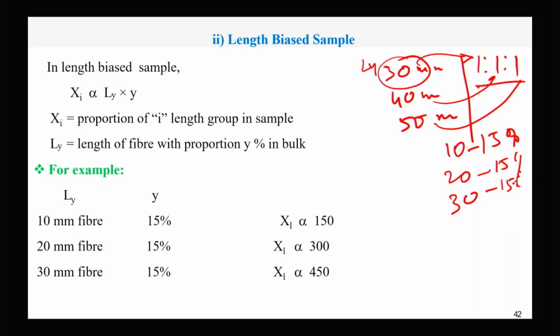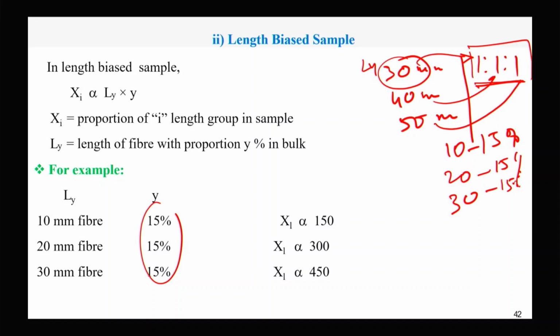Maybe 40 millimeter maybe 20%, and 50 millimeter maybe 45%, like that. Total will be 100%. So we are considering only three different fibers, 10, 20, 30, and their proportion is 1:1:1 because it's an equal proportion here.